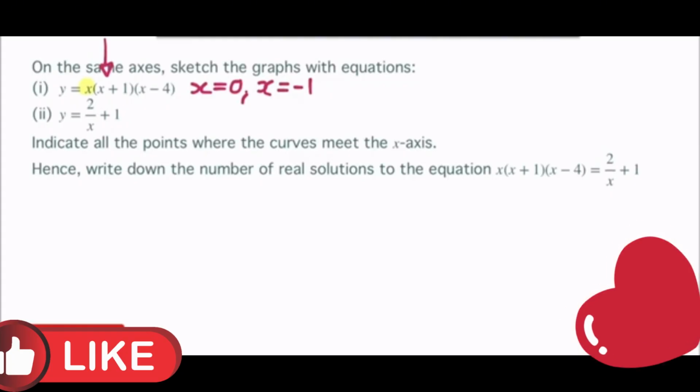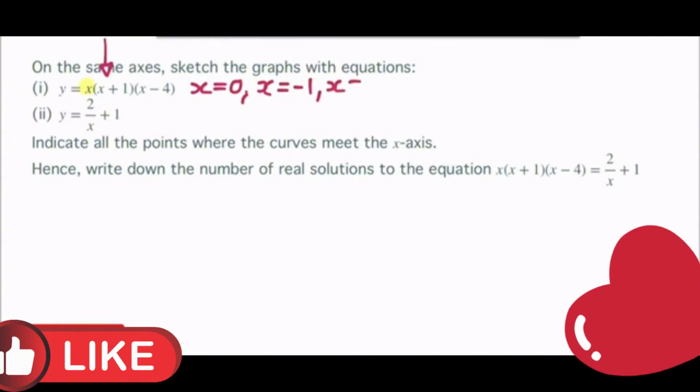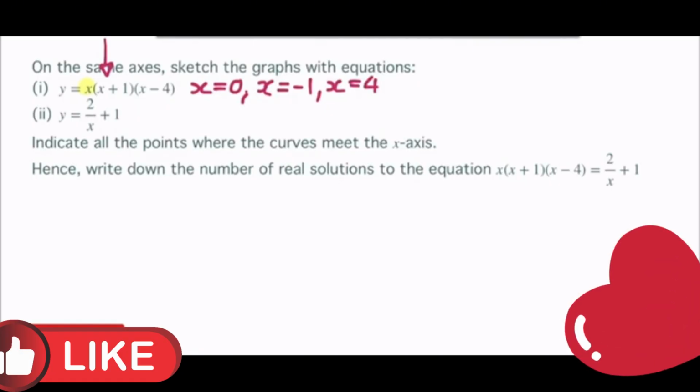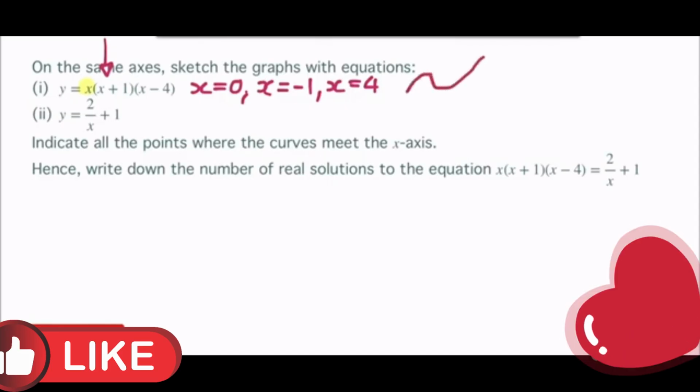And then we've got the last one there, where x minus 4 in the bracket gives us x equals positive 4. So there's our 3 solutions, and we already know the shape of the graph. It's going to be a positive cubic, so it's going to look like that. So if we start to draw our axes, let's just draw it in.